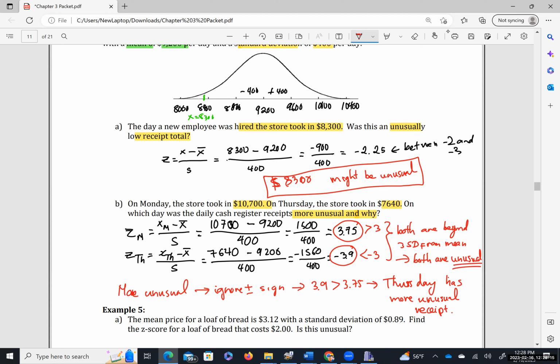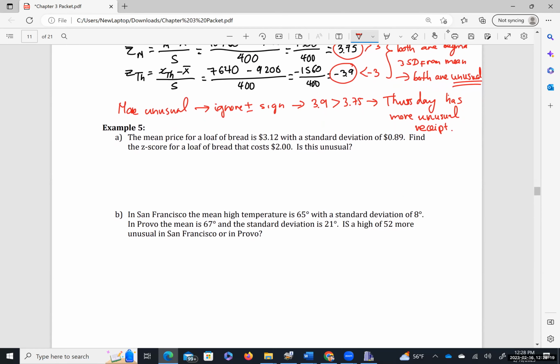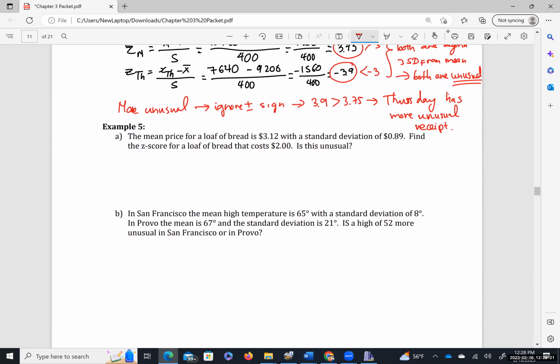So let's move to example number 5. Example number 5 gives us the mean price of the brand, 3.12, standard deviation 0.89.